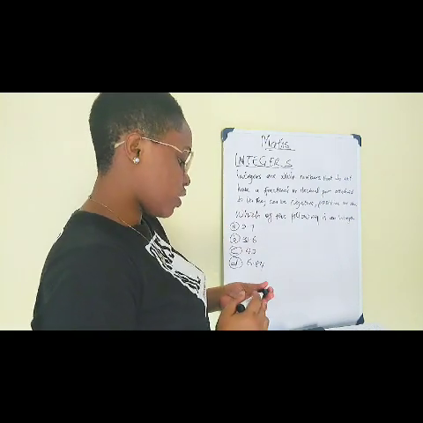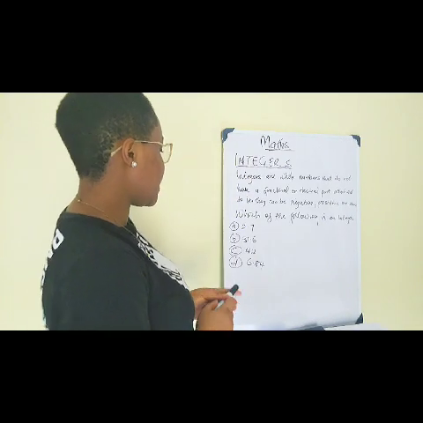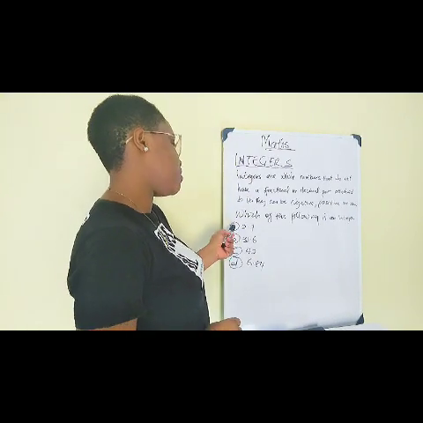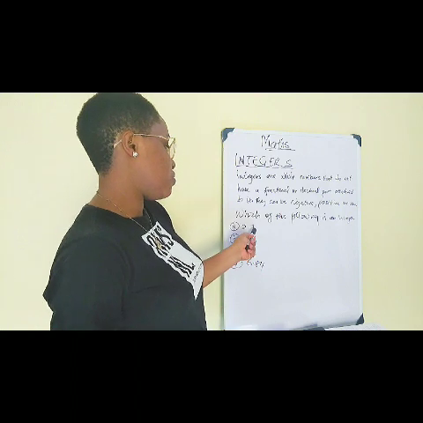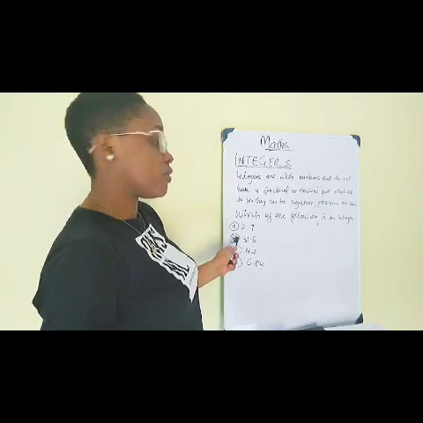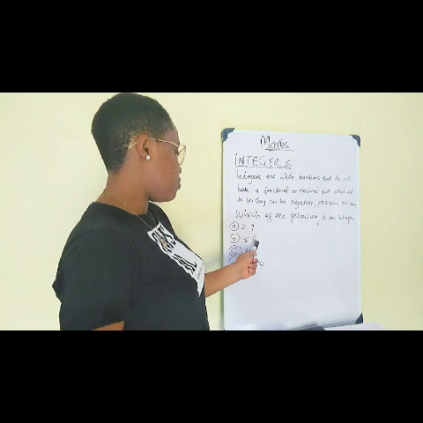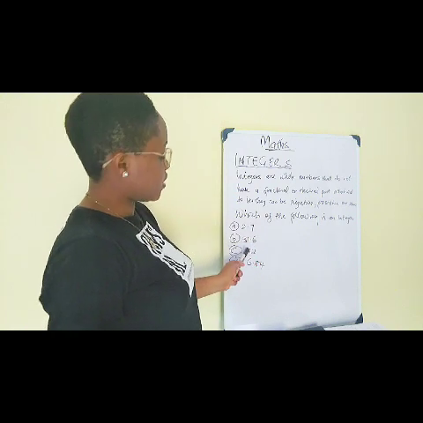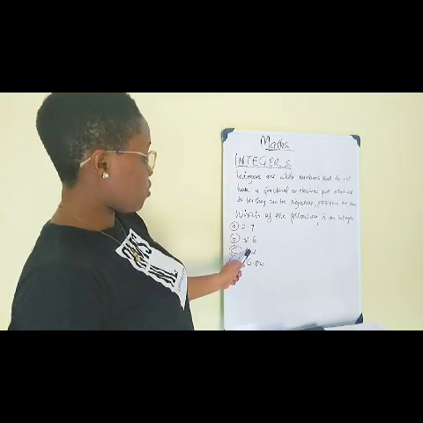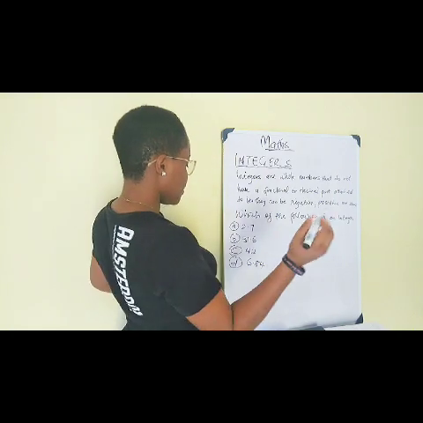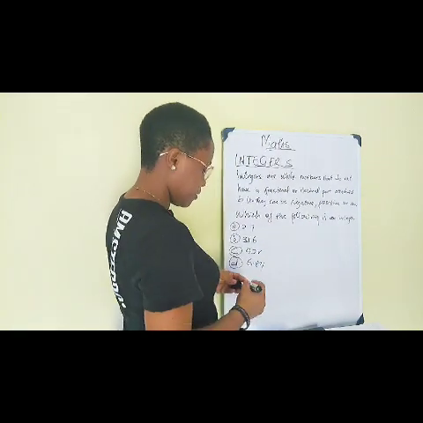From the definition I gave you, you can clearly see that A is not an integer because it has a decimal part to it. B is not an integer because it also has a decimal part to it. C is an integer because it's a pure whole number. So we can say that C is our integer.